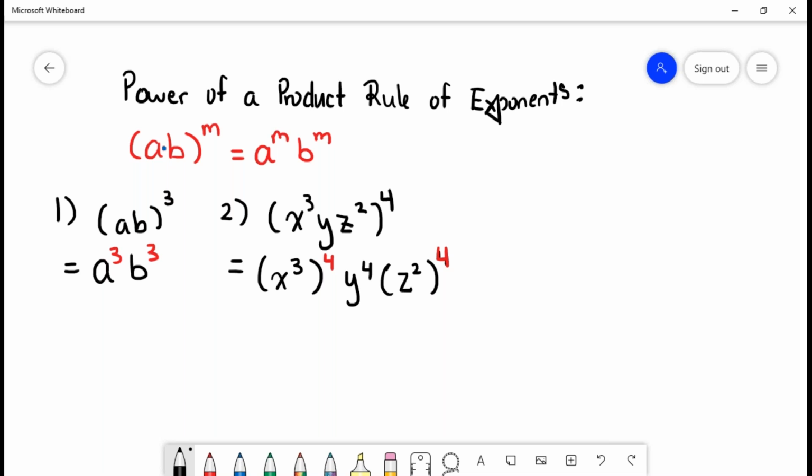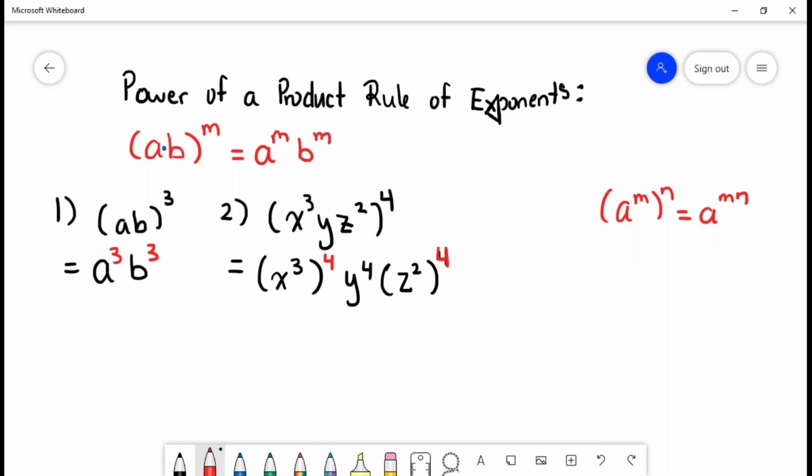Just to refresh your memories, that is the power of a power rule of exponents, which basically states that a to the power of m raised to the power of n is equal to a to the power of m times n. This rule is basically the exact same format as what we've arrived at using the power of a product rule.